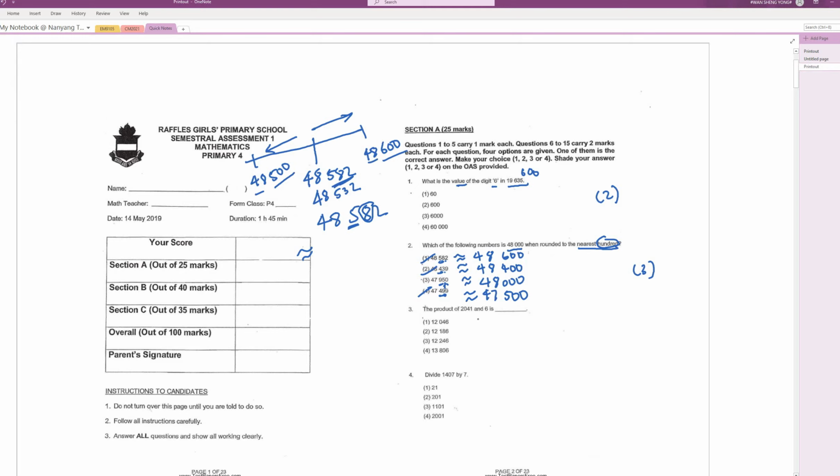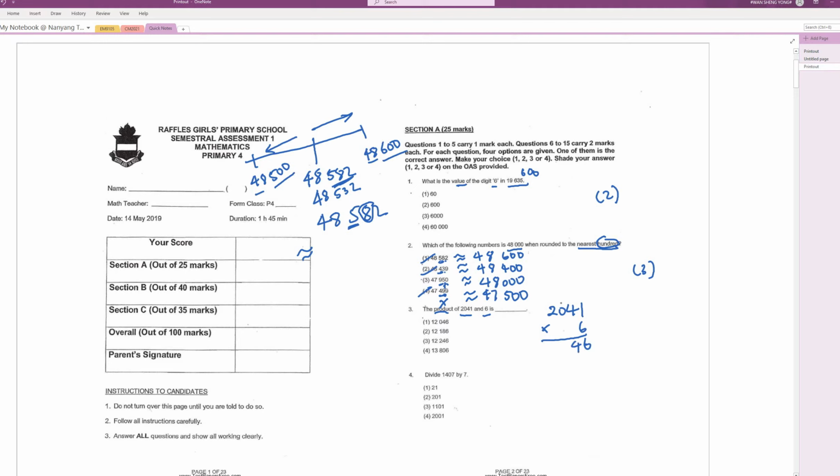Now let us move on to question 3. What is the product of 2,041 and 6? Product means multiply. So we have to multiply 2,041 with 6. 1 times 6 is 6. 4 times 6 is 24.